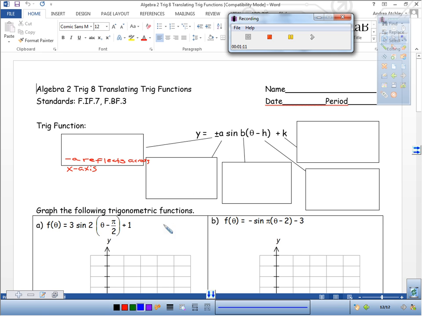The A in this, we talk about with stretch and shrink. Okay, and you can technically say this is a vertical stretch and shrink, or it's the amplitude. What we've been talking about for sine and cosine is the amplitude. So this is the amplitude. It's the distance from the midline.